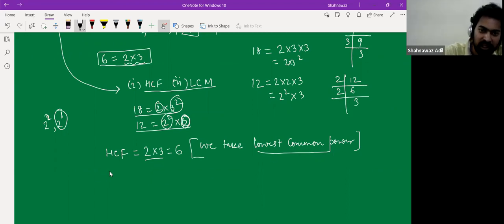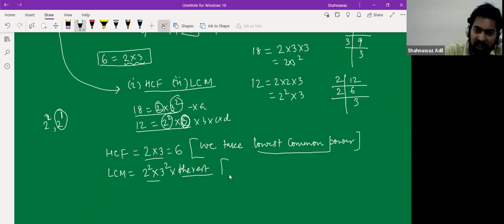And for the case of LCM, what do you take? You take the highest power, right? So 2 square for the common and 3 square. And if there were some other numbers, let's say A, B, C, D, the rest would have been taken as well.